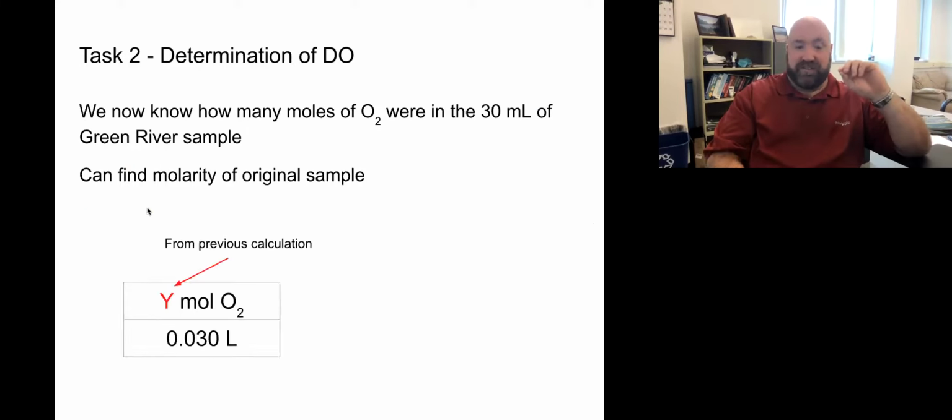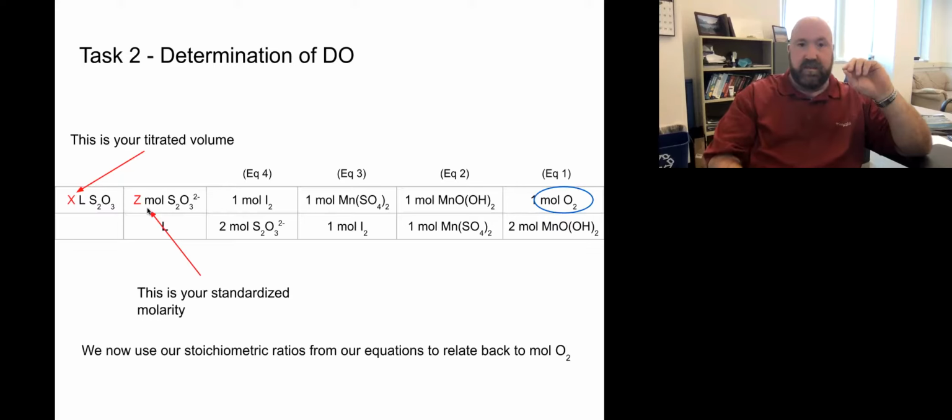Multiply that by the standardized molarity that you found last week, somewhere a little bit under 0.004. Most of them were around 0.0035, somewhere in that range. But whatever yours actually was, you're going to multiply that. And then divide by 2 and divide by 2 again. And that tells us how many moles of O2 were in the initial river sample.